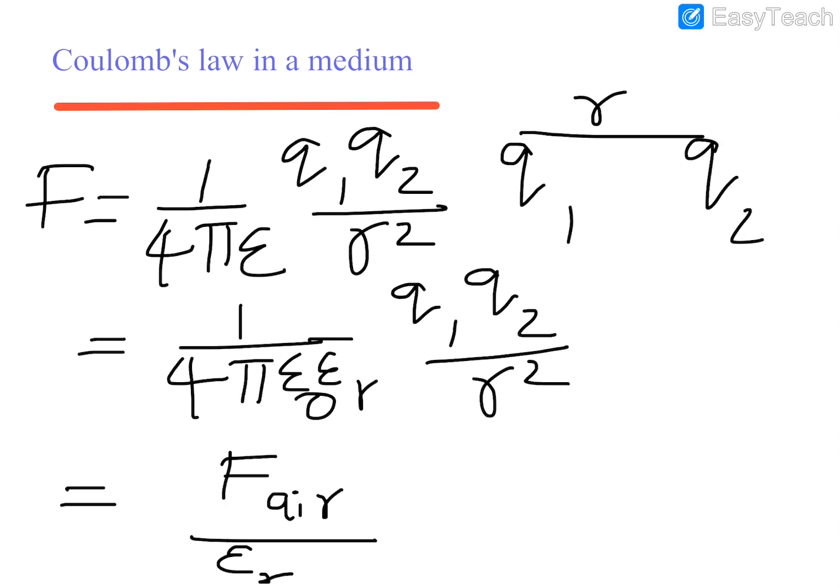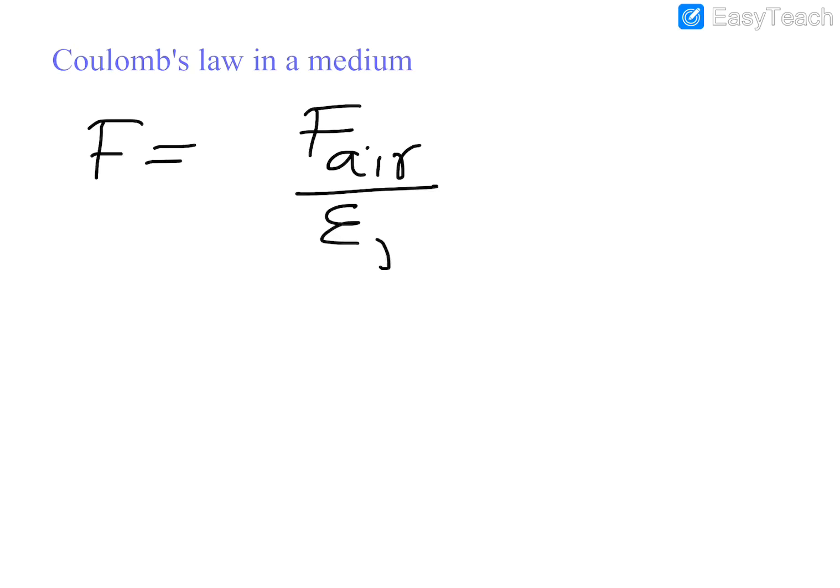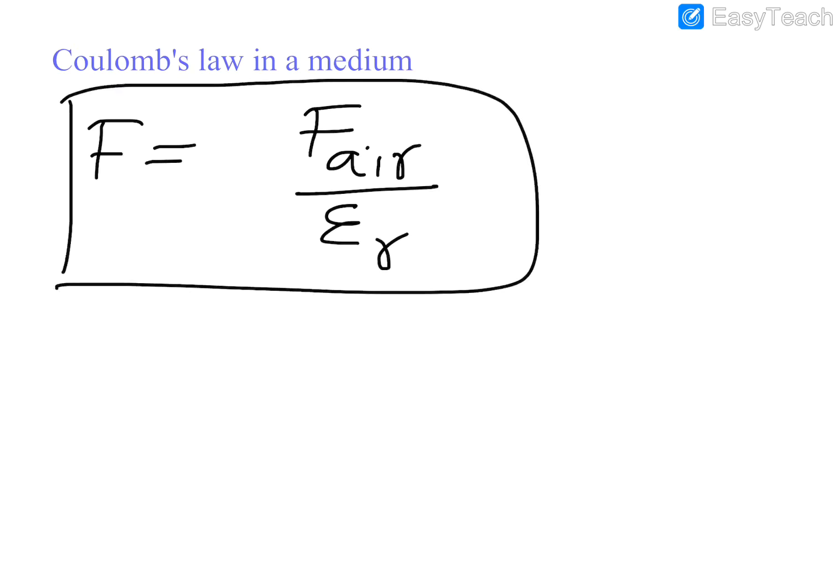So Coulomb's law in some other medium can be expressed as F air by epsilon r, where F air is the force in air between two charged particles, and epsilon r is the dielectric constant or relative permittivity of the medium.